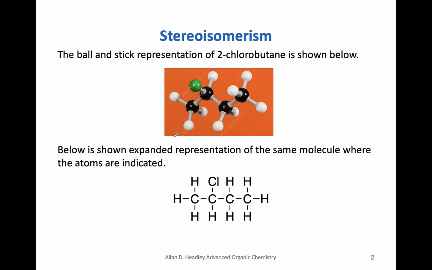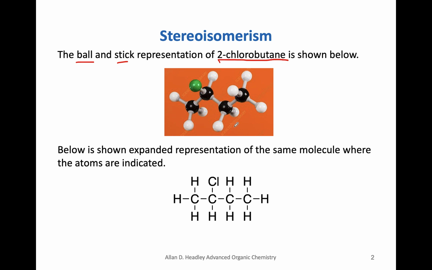So let's start by looking at some basic material here. And this is 2-chlorobutane. And this is the ball and stick representation. So in other words, if you had your model sets and you built 2-chlorobutane, this is a snapshot of what you would get.